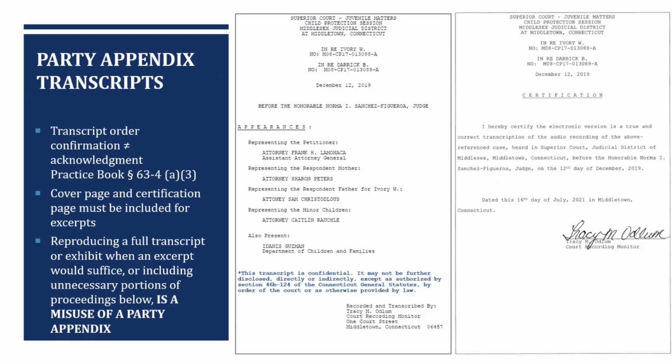When you change the pagination of your brief, it's going to change the pagination of your appendix. So then you can put in the correct citations to your appendix, do the hyperlinks, do the table of contents. There's a lot of moving parts.